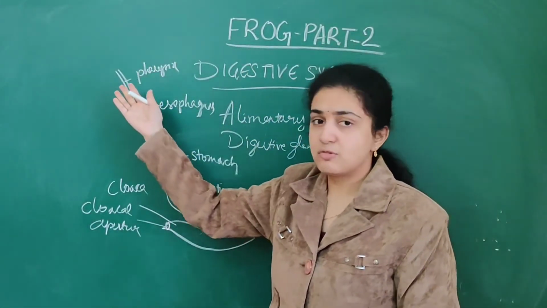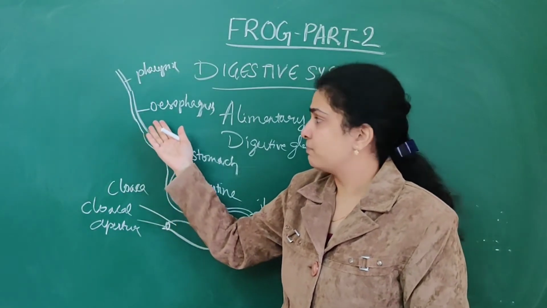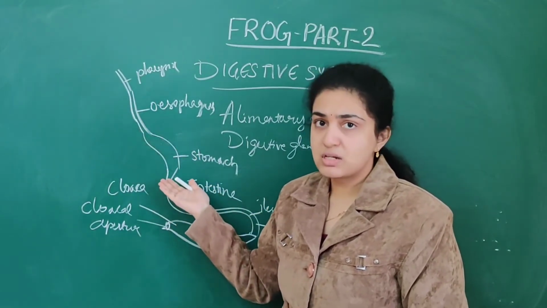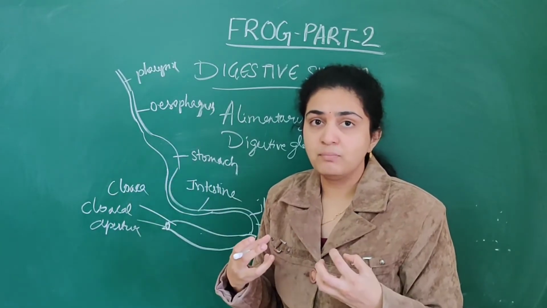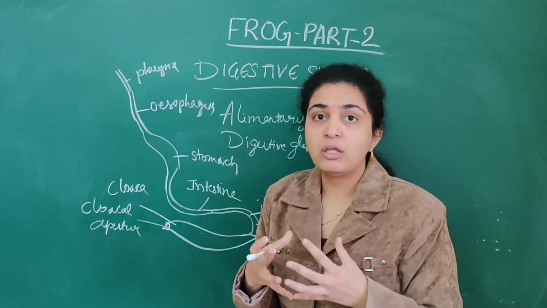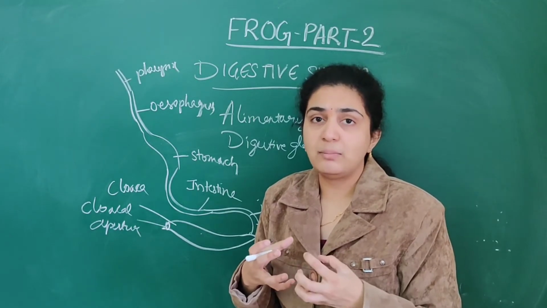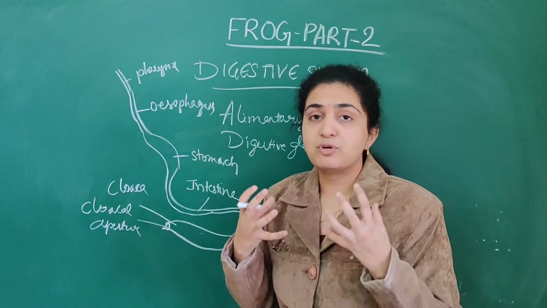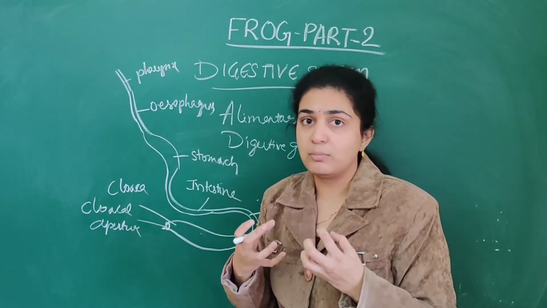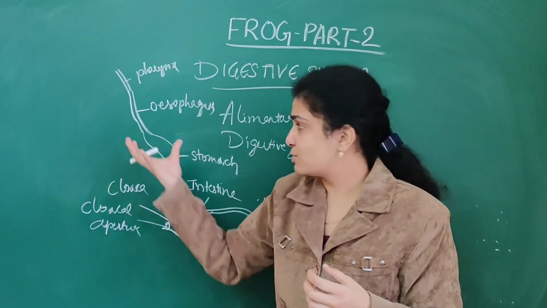From the pharynx, the food enters the esophagus, from the esophagus into the stomach. The partially digested food is called chyme in human beings, same in frog also.